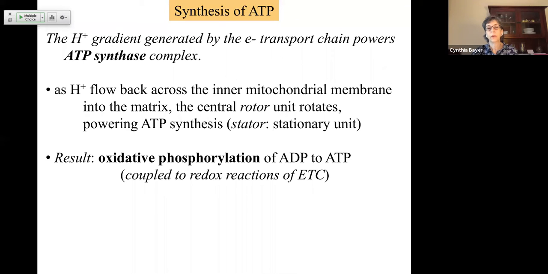And that rotary motor will power the synthesis of ATP. And so ATP that is generated in this manner, ADP that is phosphorylated in this manner, we call being generated by oxidative phosphorylation. The redox reactions of the electron transport coupled to the proton pumping drives the synthesis of ATP. So let's take a peek at our ATP synthase on our next slide.